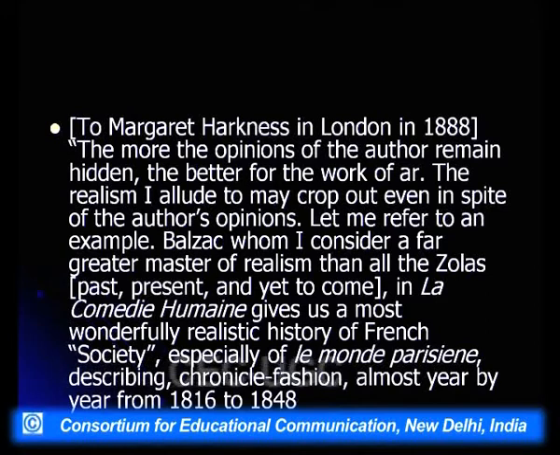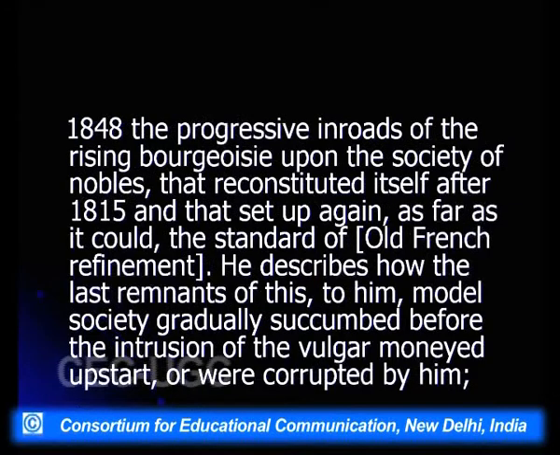The sentence was not complete in the previous quotation, so I take it from there. Almost year by year, from 1816 to 1848, the progressive inroads of the rising bourgeoisie upon the society of nobles that reconstituted itself after 1815 and that set up again, as far as it could, the standard of old French refinement. Now, this is Engels' comment on those years when Balzac was active in the field of writing in France.